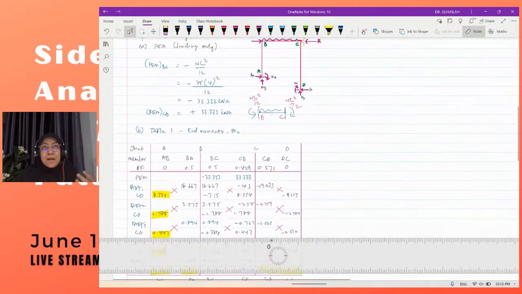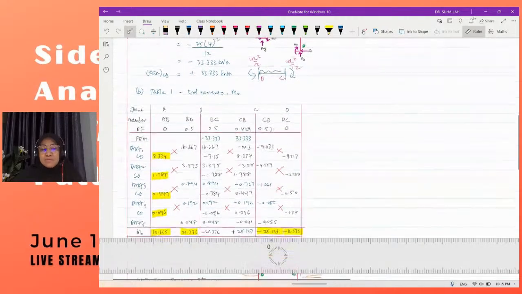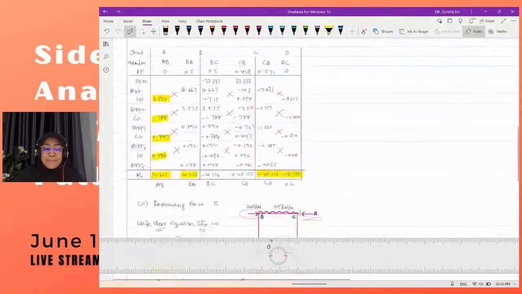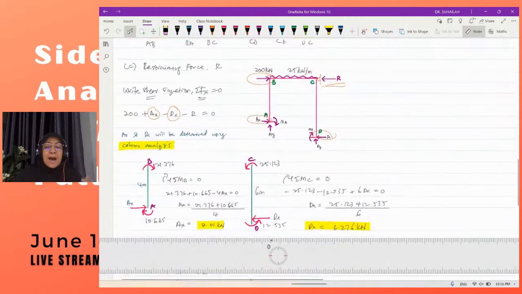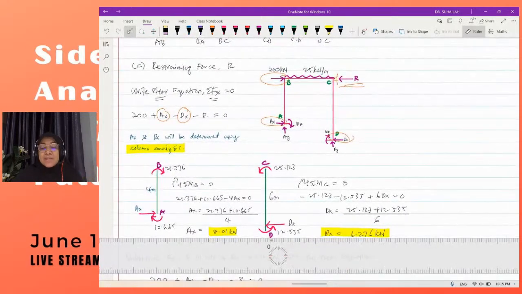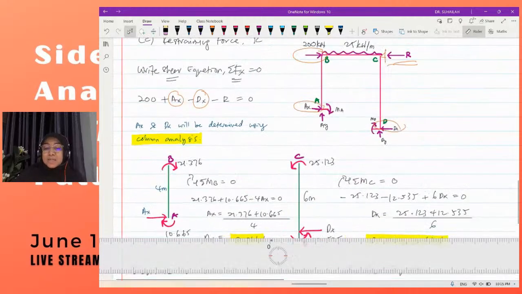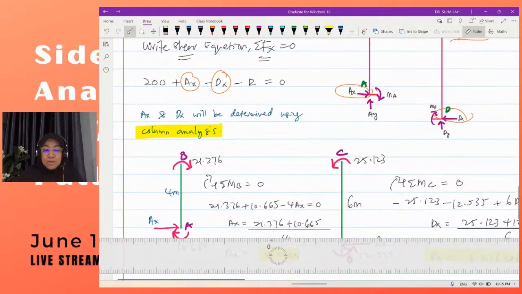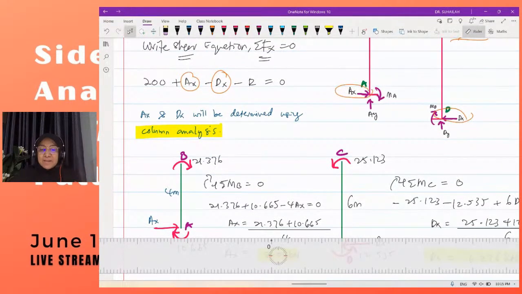But table 2 for step 3B as well as R prime for step 3C, we just need to repeat the same procedure like this. So for the next step, I want to focus on how we get the fixed end moment due to side sway, and then you continue.